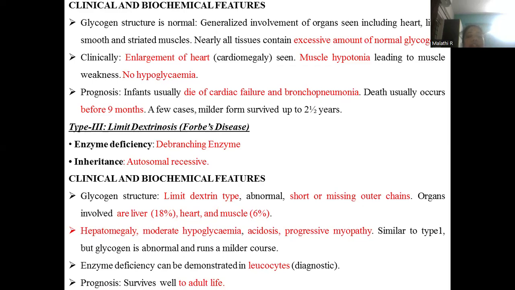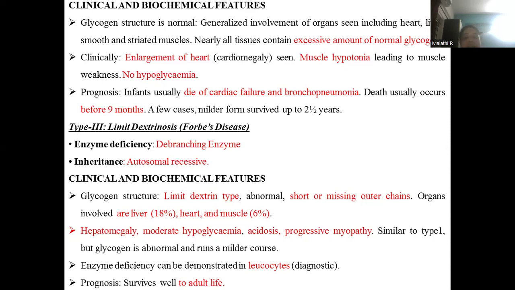Type 3, limit dextrinosis or Forbes disease. The enzyme deficit is the debranching enzyme, and the inheritance is autosomal recessive. Clinical and biochemical features include glycogen of the limit dextrin type, abnormal, with short or missing outer chains. Organs involved are liver, heart, and muscle cells.